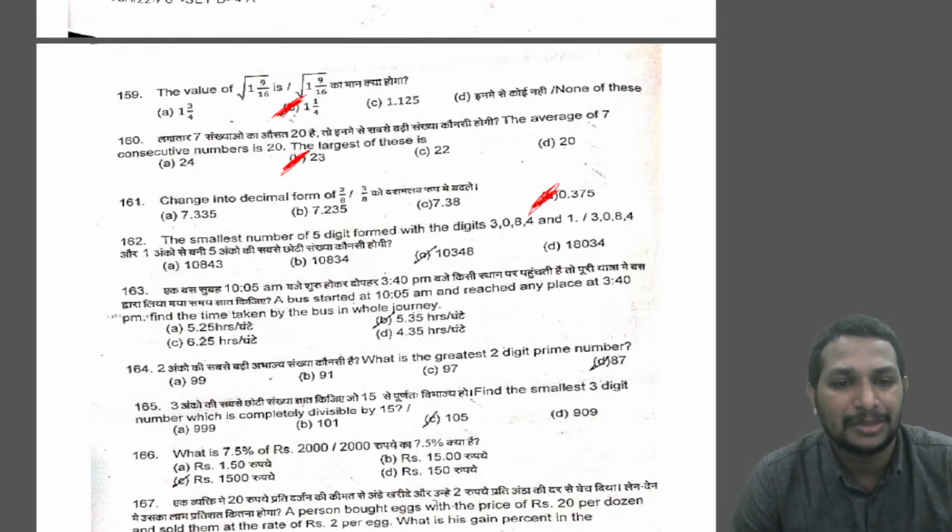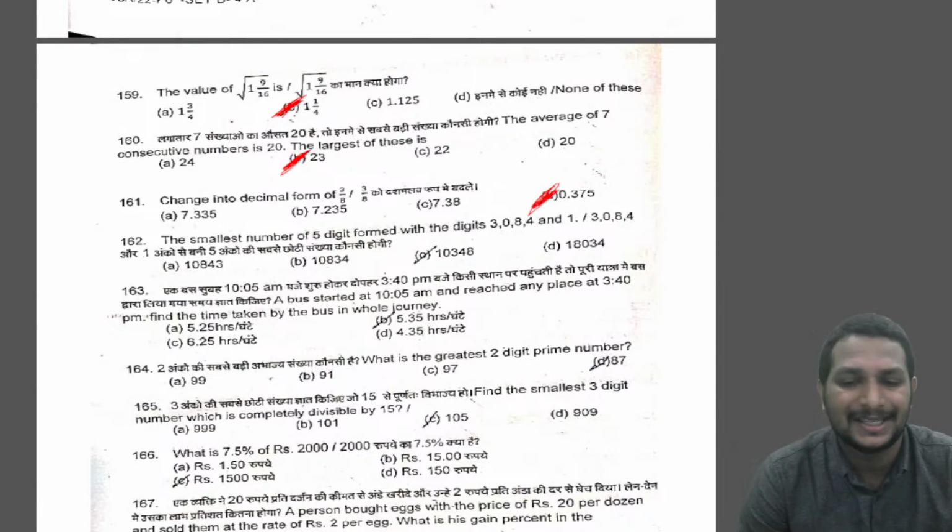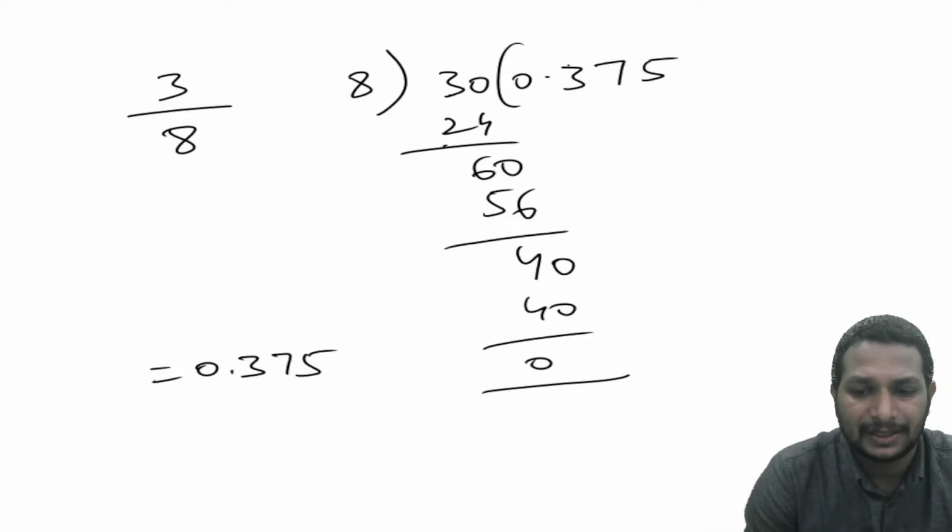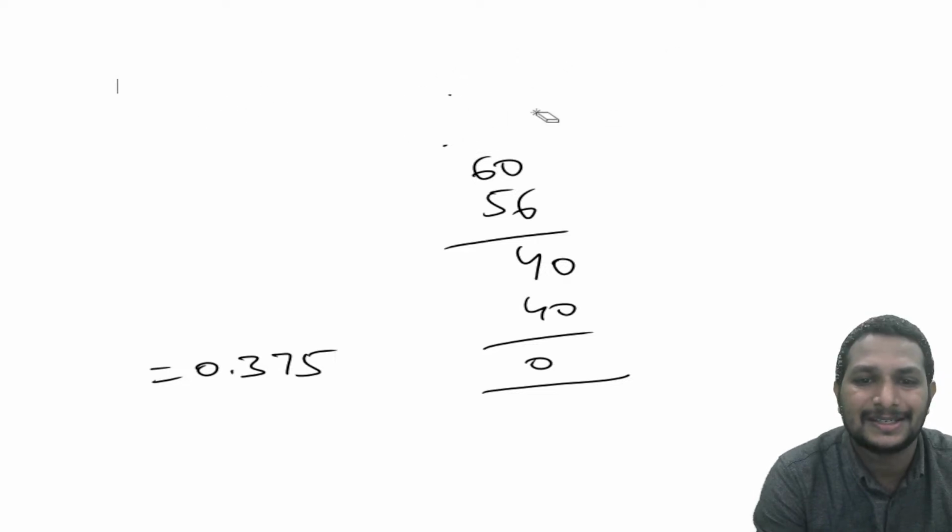Let's go to question number 162. The smallest 5-digit number that can be formed with the digits 3, 0, 8, 4, 1. While writing the smallest number using these digits, obviously we'll take the smallest digit, which is 0. But I can't start with 0 because they're asking for the smallest 5-digit number.